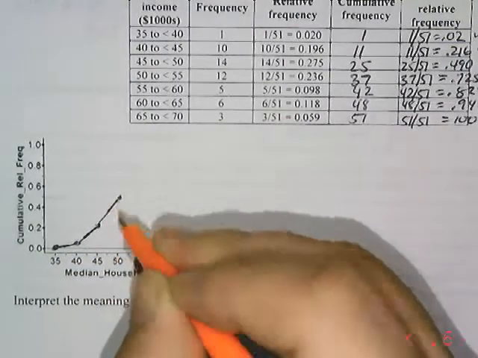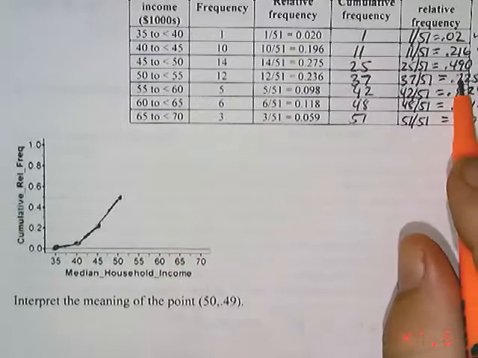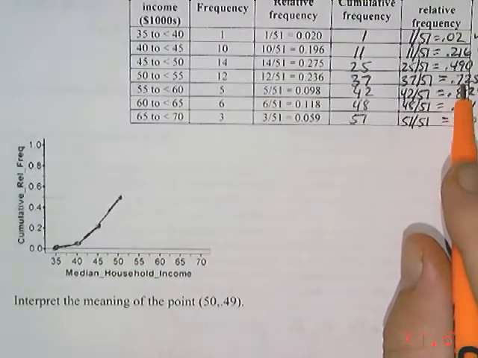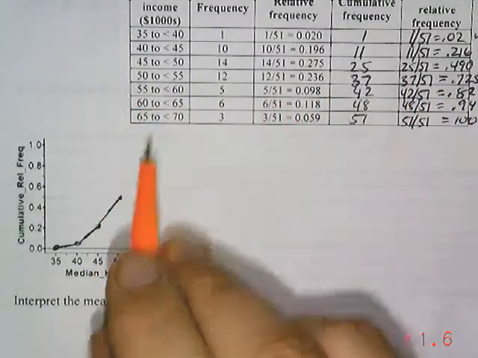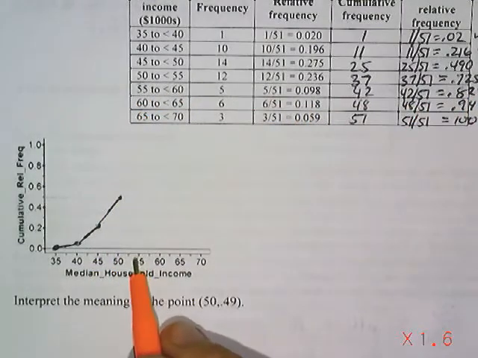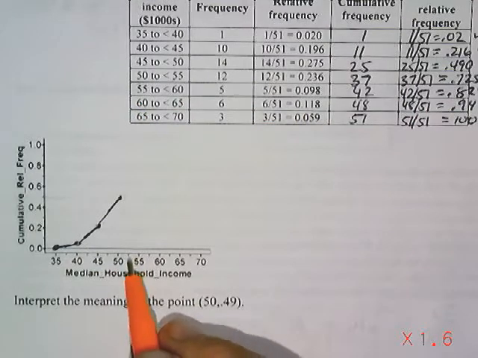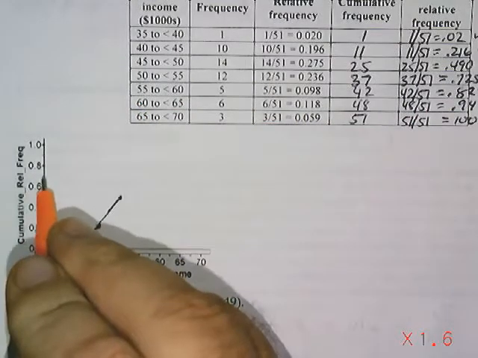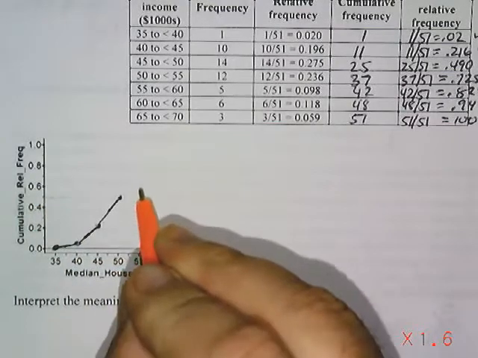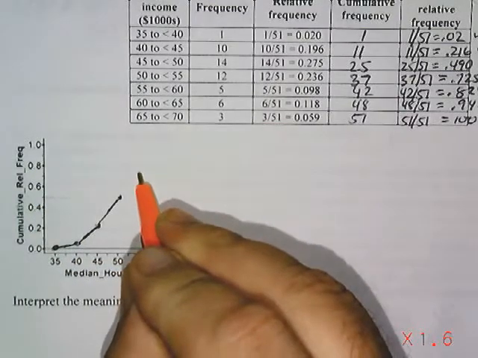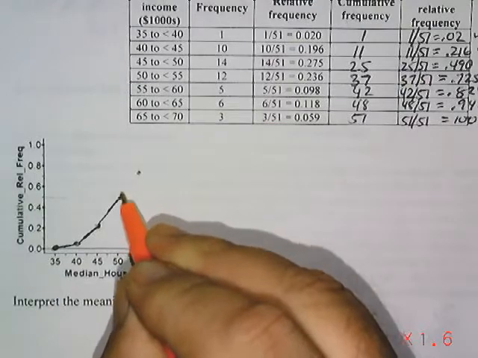That's what Q1 is. So if I go up here, 0.25 would be right about here. If I come across to here and then down, it might be about 46,000, we'll say. So about $46,000 is Q1.